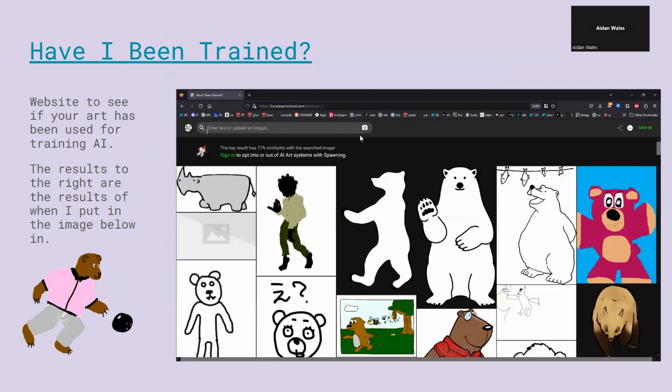Okay. Have I been trained? So this is an image I drew for an event a few months ago. This is a website where you can upload the image, and it shows you images that are in the data training set. I uploaded this within a few hours of making this image, and this is the closest thing that pops up.